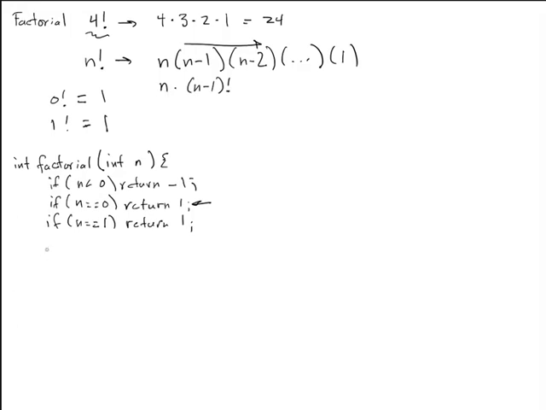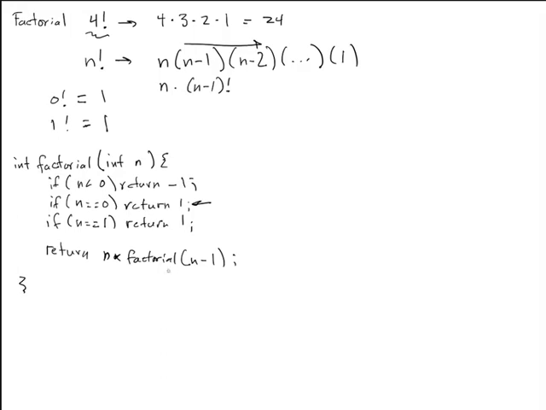So what we need to do is return n times factorial of n minus 1. And so this little magic is actually going to compute the factorial for us.